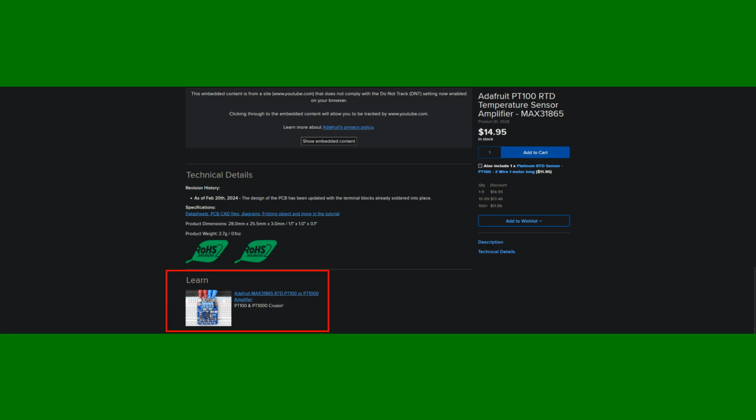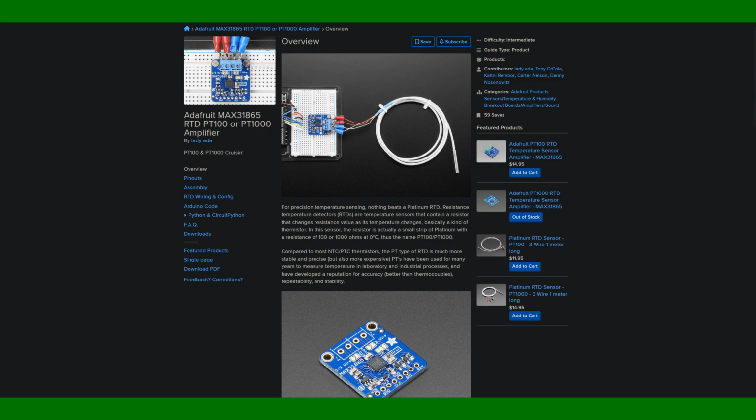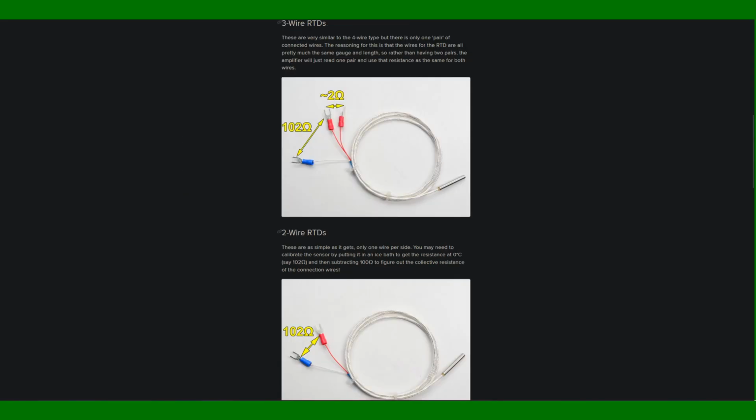If you go to this learn section, it gives you all sorts of information about the sensor itself, what the different pins are, how to connect everything together. This particular sensor lets you use either a 2-wire or a 3-wire probe. If you go through here, you can see exactly what that means.